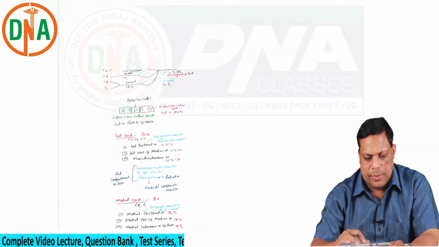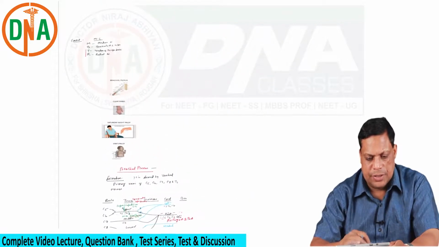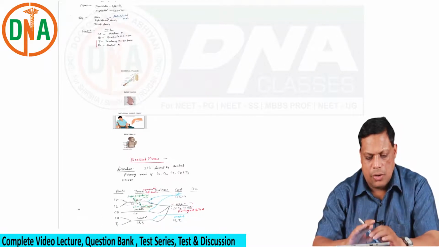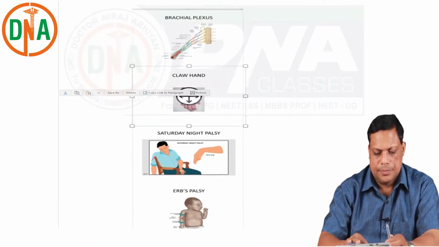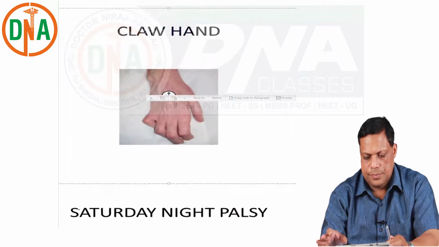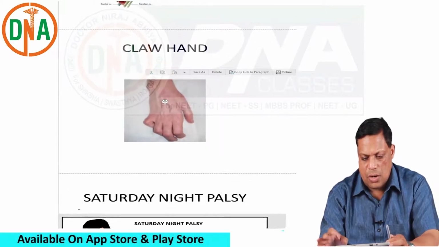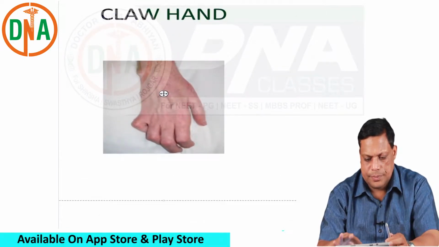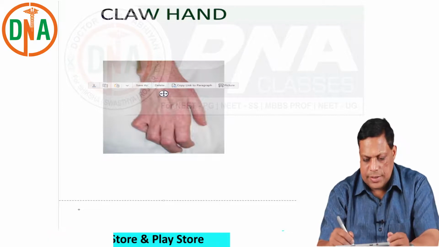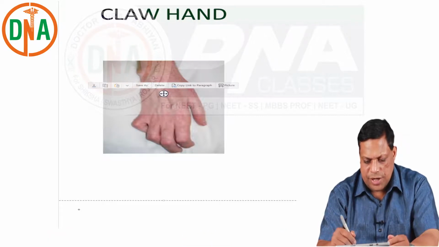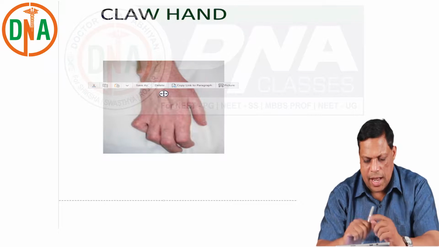So see the picture of claw hand. This is the claw hand. So this thumb is straight, but the rest of the fingers are flexed.